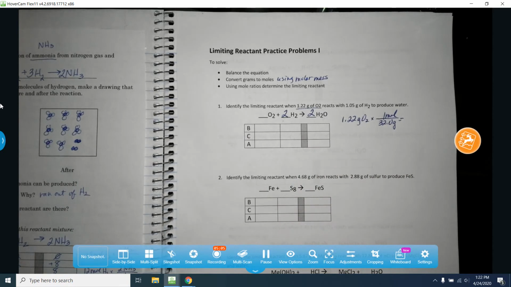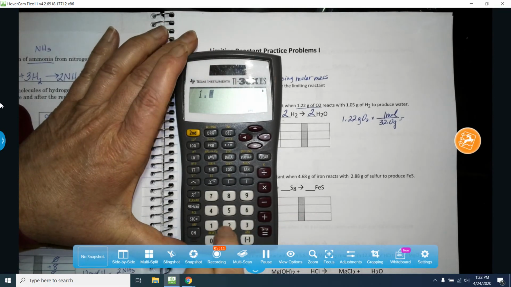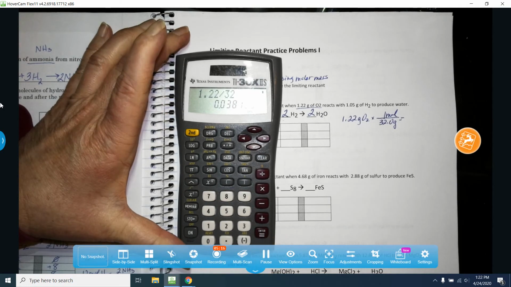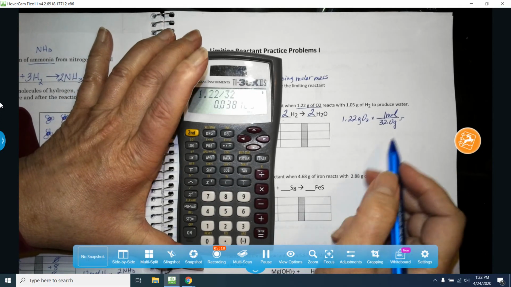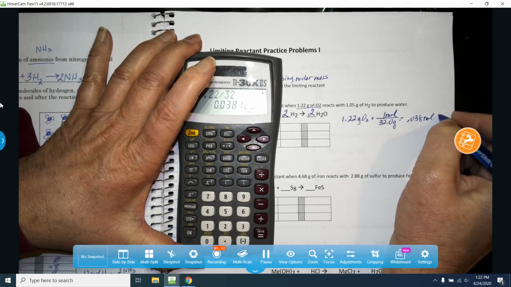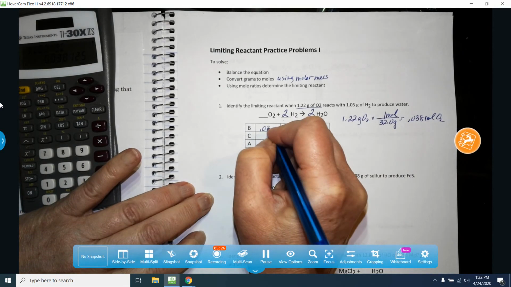We're going to get our calculator. 1.22 divided by 32, and we get 0.038. 0.038 moles of O2. That goes here, 0.038.